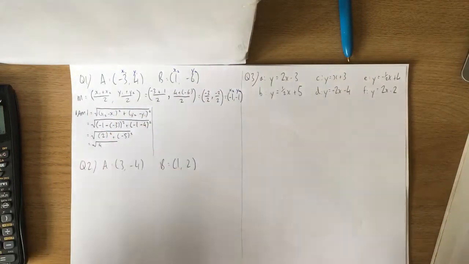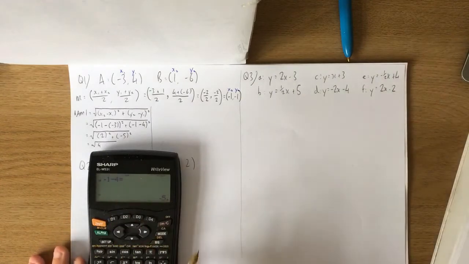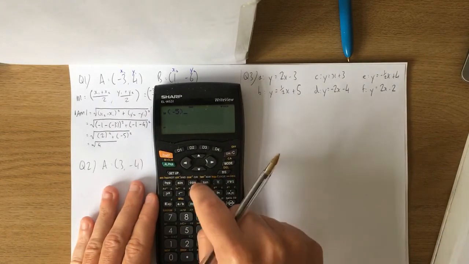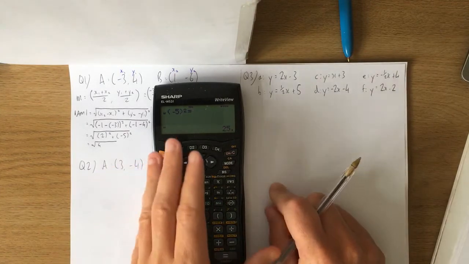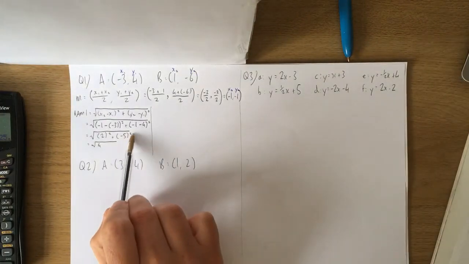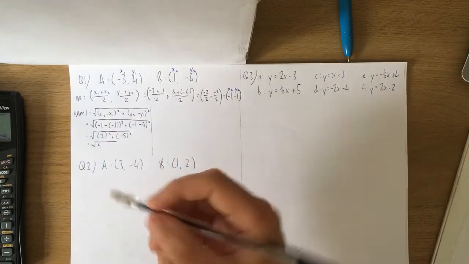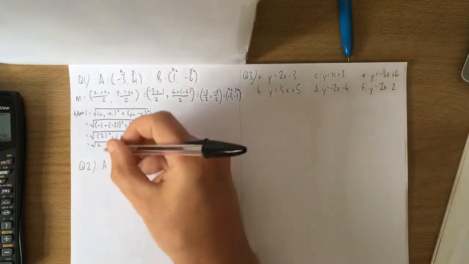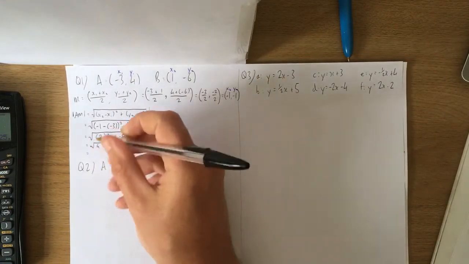Plug it into the calculator if you must, but you need to use the brackets as they're written there: brackets minus 5, close your brackets, squared is plus 25. If you enter that any other way into the calculator, it will give you the wrong answer. You should always anticipate a positive answer when you square. It's very easy to mess that up either in your head or in the calculator. Minus 5 squared, because it's a minus number by a minus number, is positive. So it's plus 25. So 4 plus 25 then.